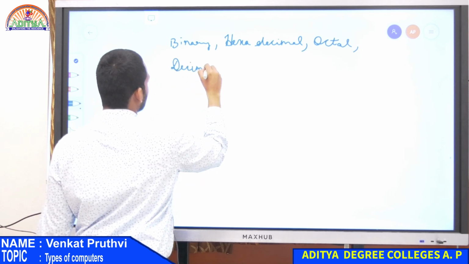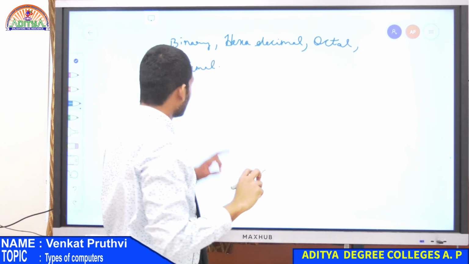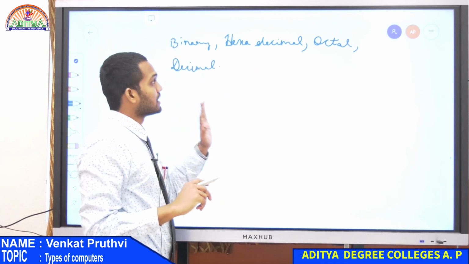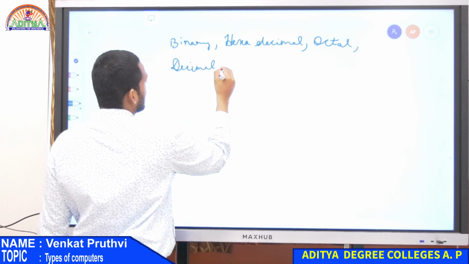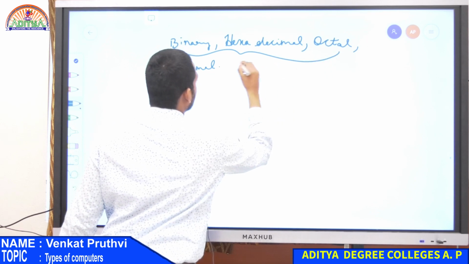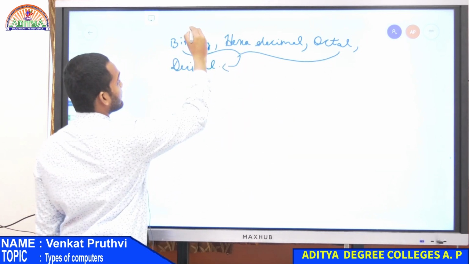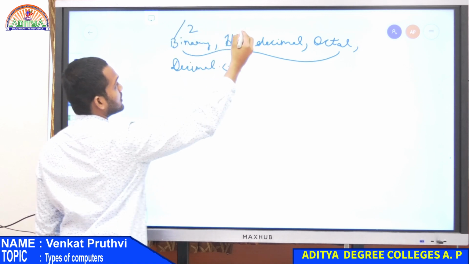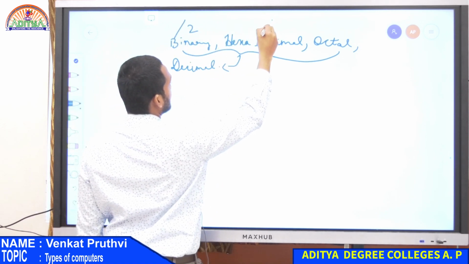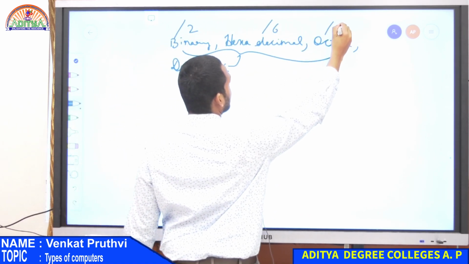Decimal is what we generally use. So these are the different formats we have. When you want to convert your number from decimal to any of these, for binary you will be dividing by 2, for hexadecimal you will be dividing by 6, and for octal you will be dividing by 8.